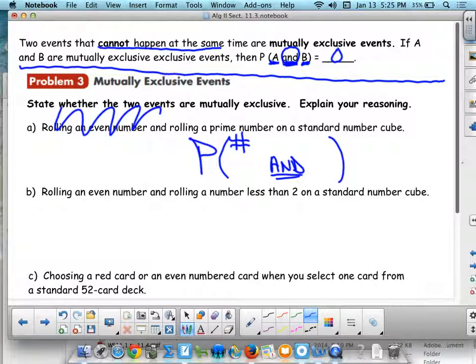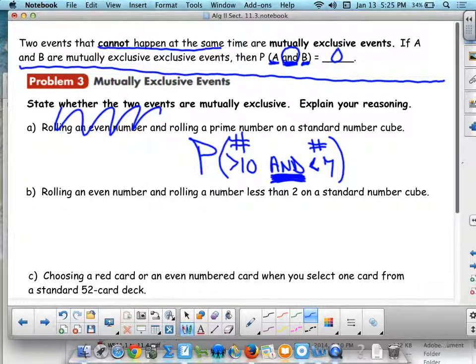Let's say the chance I pick a number greater than 10. And not only is the number going to be greater than 10, I want the same number to also be less than 7. So, what's the chance I pick a number greater than 10 and it's got to be less than 7?